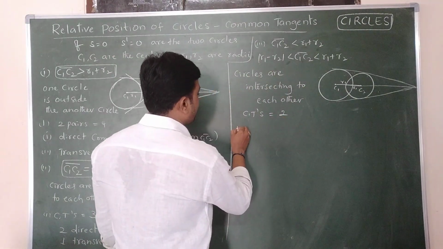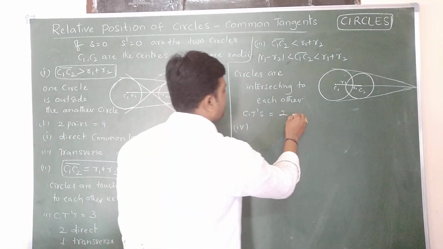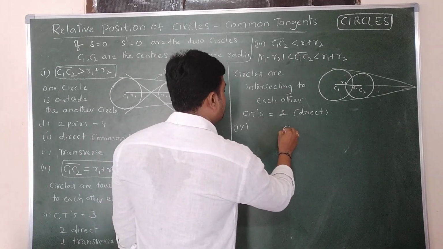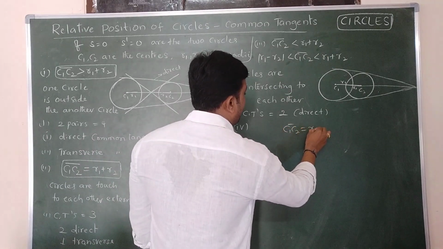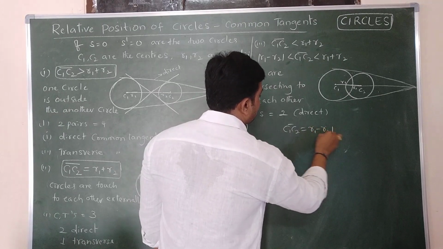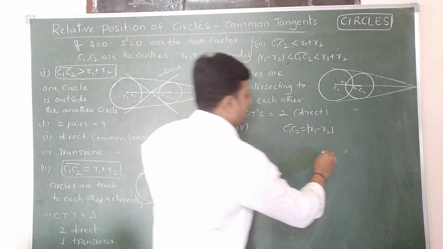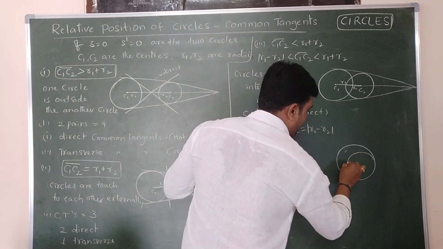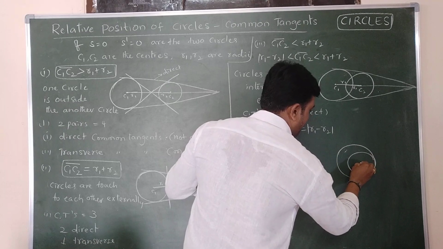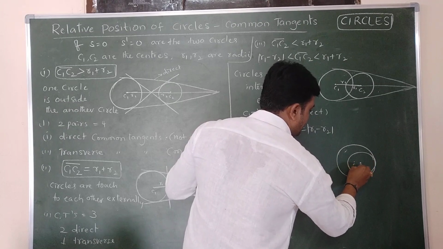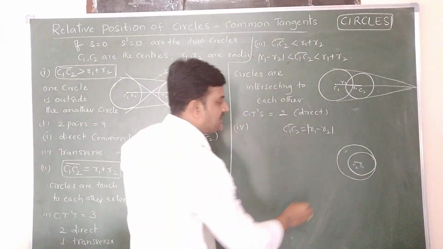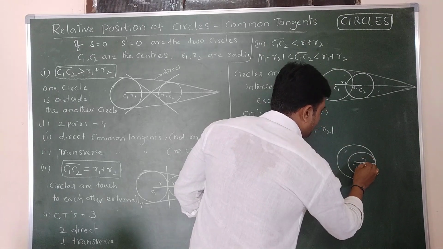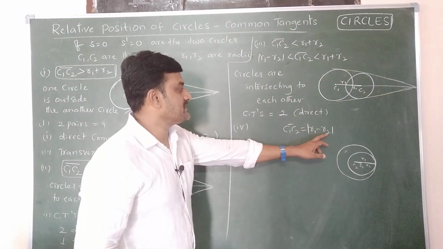Next, the fourth one: C1C2 equals R1 minus R2. The distance between C1 and C2 equals the difference R1 minus R2.